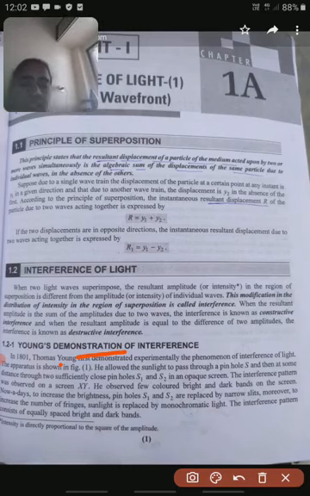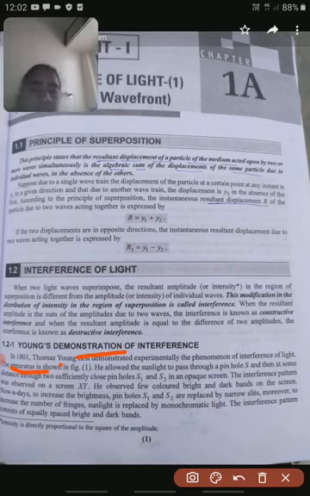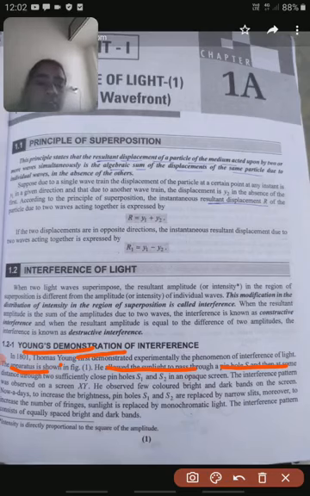In 1801, Thomas Young demonstrated experimentally the phenomenon of interference of light. The scientist Young gave a practical proof of interference.